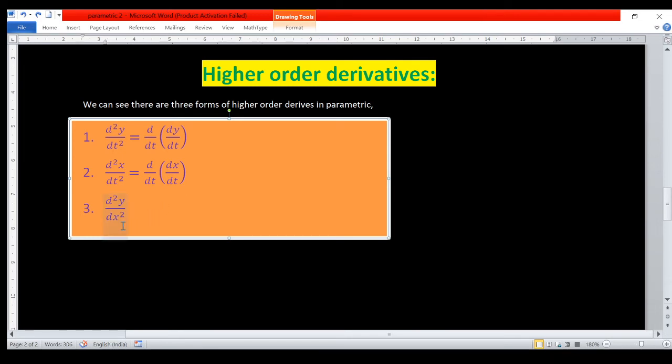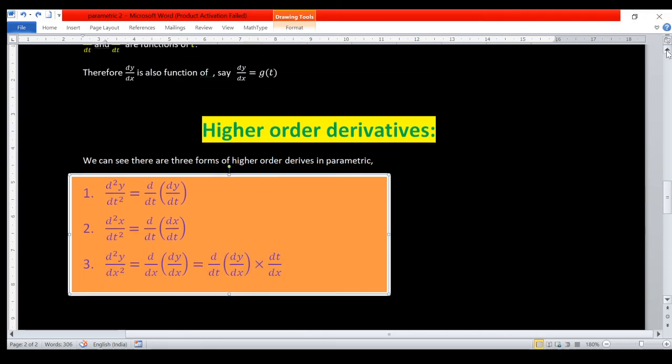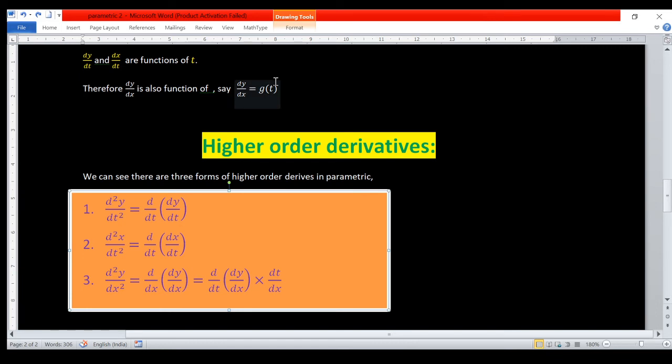How to get d²y/dx² is the question. The actual definition says differentiation of dy/dx is the second order derivative. But dy/dx we are differentiating with respect to x, while actually dy/dx is a function of t, so we can't differentiate directly. Again we are going to use the chain rule. First we differentiate with respect to t, and then multiply dt/dx.